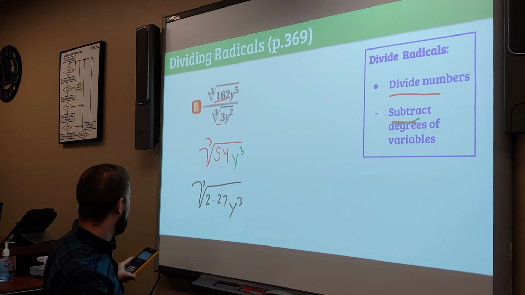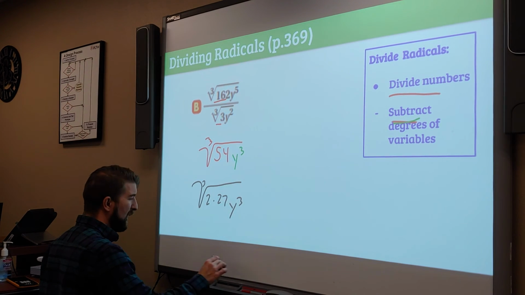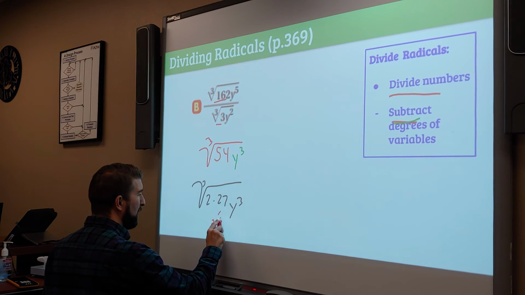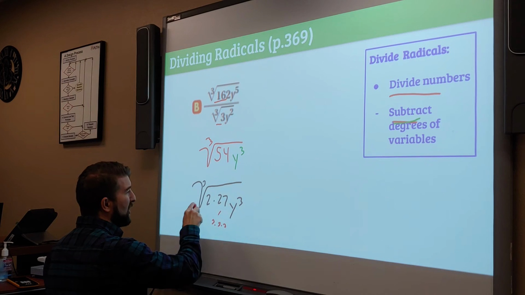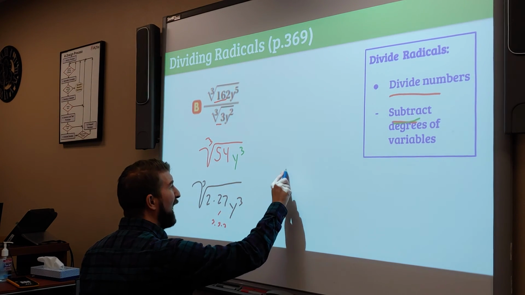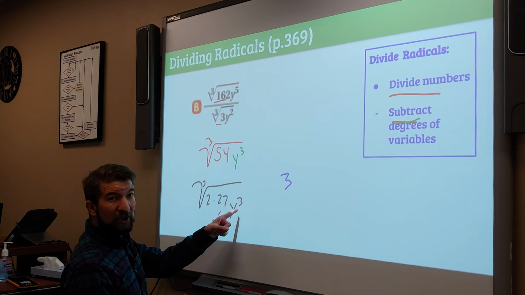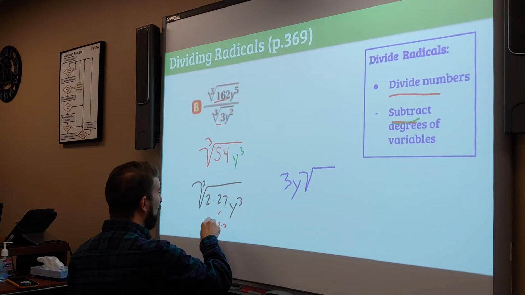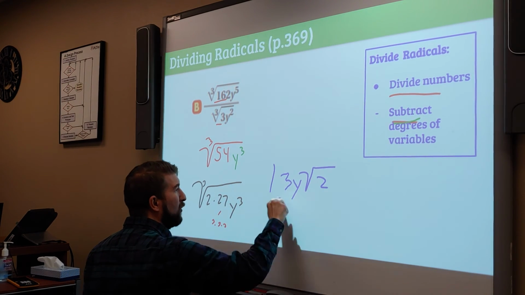If I typed in the cube root of 27, it would give me 3, and so when I rewrite this, so that's like 3 times 3 times 3, and so when I rewrite this as my answer, I'm going to take a 3 out. Then, notice I have y to the 3rd, so I'm going to take a y out. I'm going to have 3y radical 2.